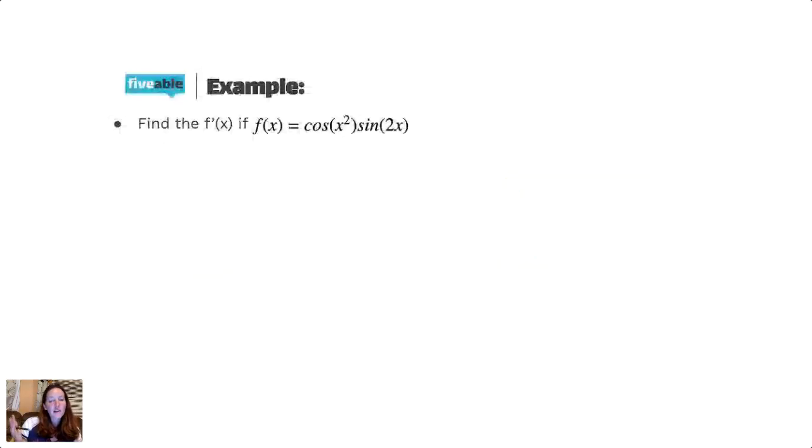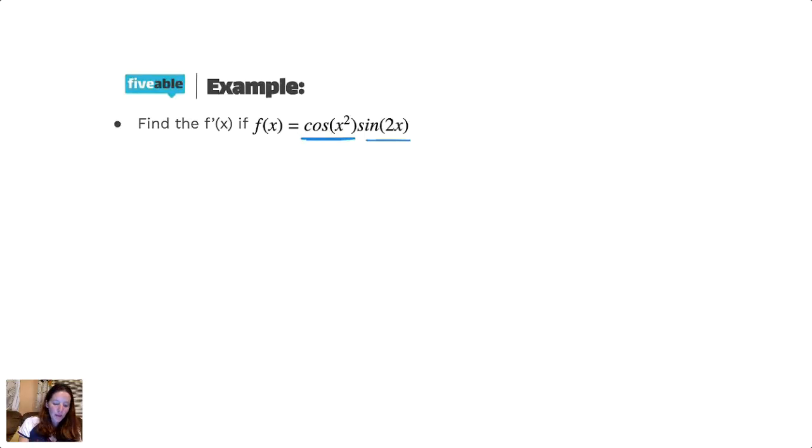So what we're going to do today, since our focus is the chain rule, is we're going to do the product rule and the chain rule together, because why not, right? So here I have cosine of x squared times sine of 2x. So I clearly have a product, right? I have this function times this function. But each of those functions has a chain rule part to it, right? It's a composite function.